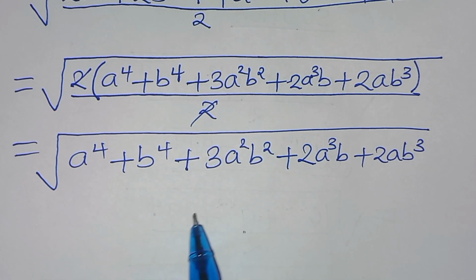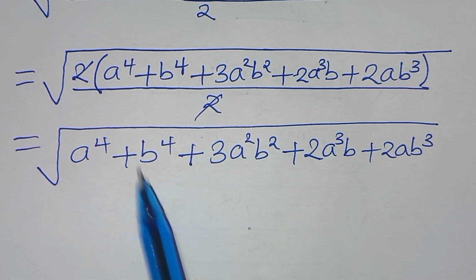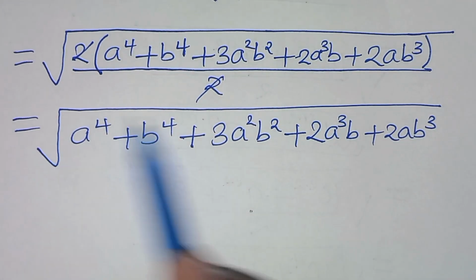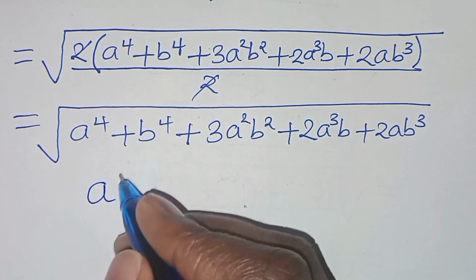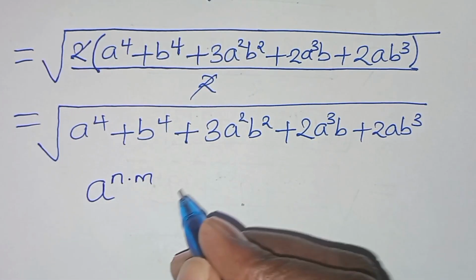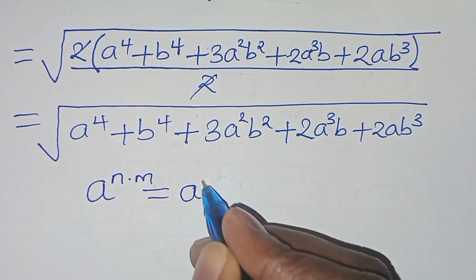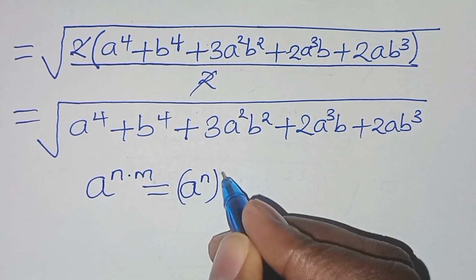The next step from here, we have that if you have a raised to power n times m, this can be expressed as a to power n raised to power m.